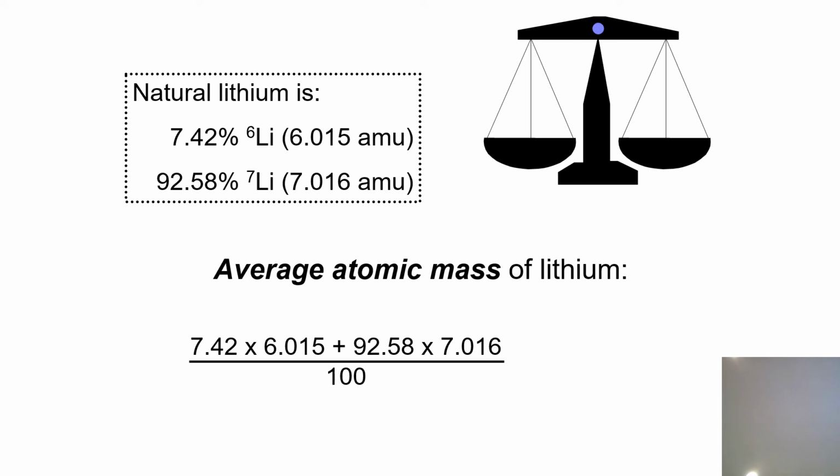So a working definition of atomic mass is the average atomic mass for naturally occurring isotopes of an element expressed in atomic mass units. The average atomic mass of lithium is 6.941 AMUs.